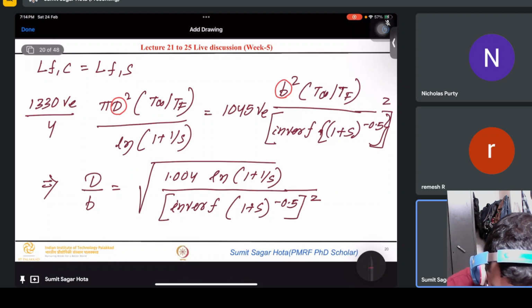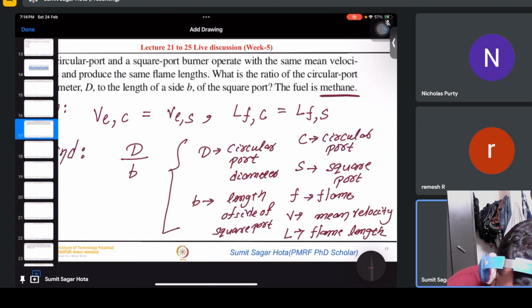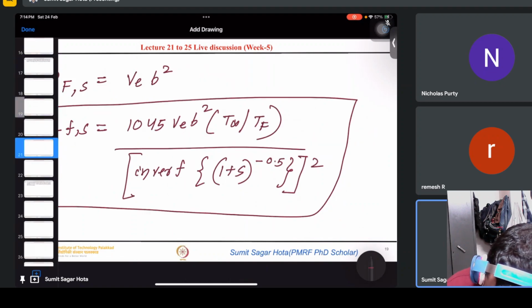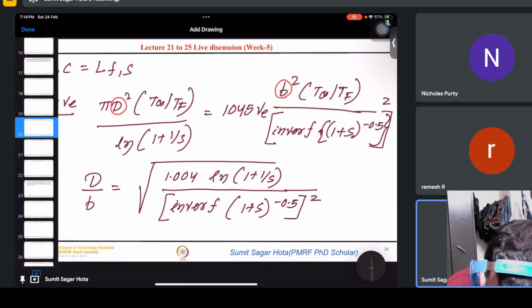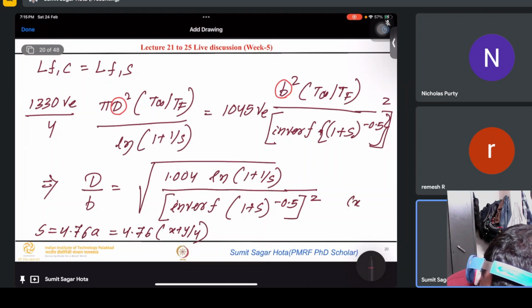Okay, here the fuel is methane. If the fuel is methane, then S is equal to 4.76 times A, and A obviously you know is x plus y by 4, where C_xH_y is CH4.